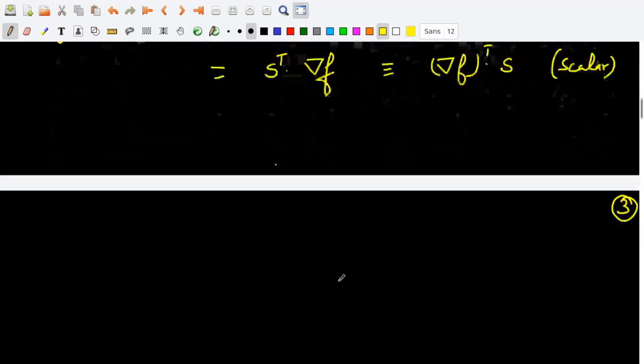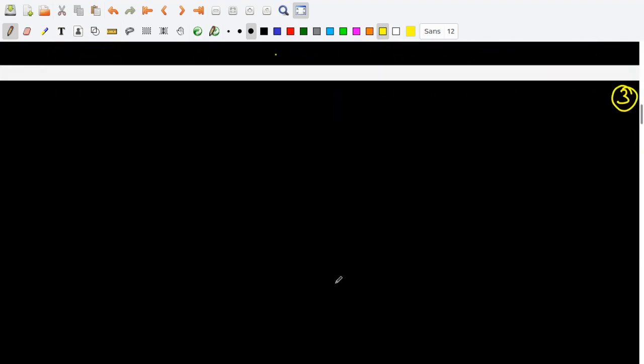We can also look at the second derivative, how the slope of the function changes with alpha. Along the same lines, d square f by d alpha square. Again, I am interested in knowing how f is changing with respect to alpha once s is fixed, the direction is fixed.